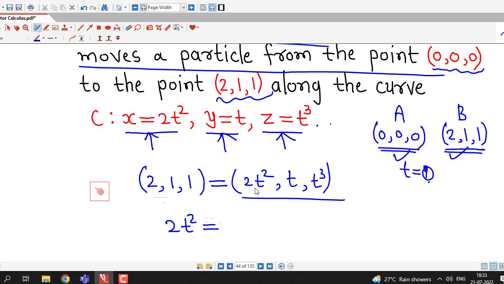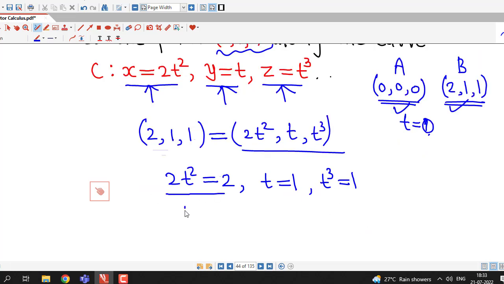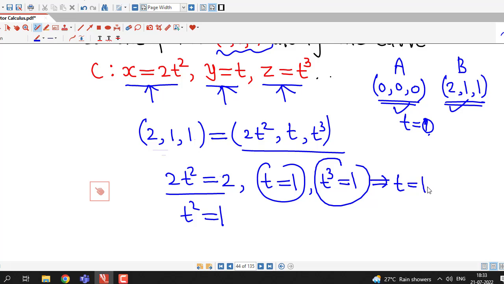If we compare the first components, we have 2t square equal to 2, the second component gives us t equal to 1, the third component gives us t cube equal to 1. So all the equations will give us t equal to 1. From this we obtain t equal to 1, this will also give us t equal to 1, and from this also we obtain t equal to 1. So this point corresponds to t equal to 1. Therefore limits of t will be from 0 to 1 for this parametric representation.